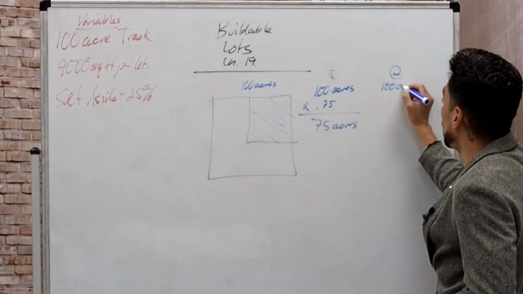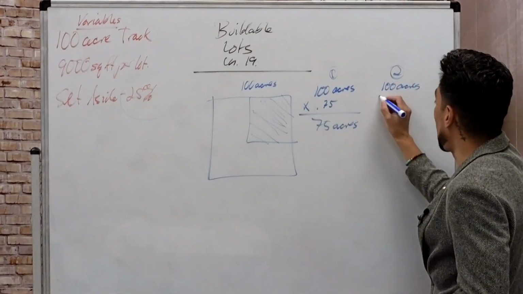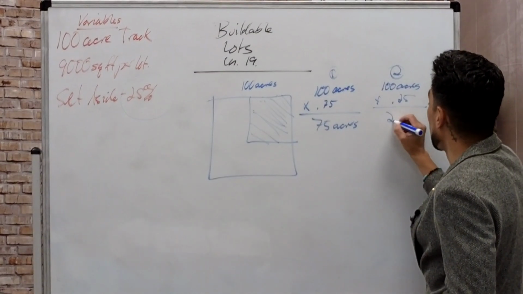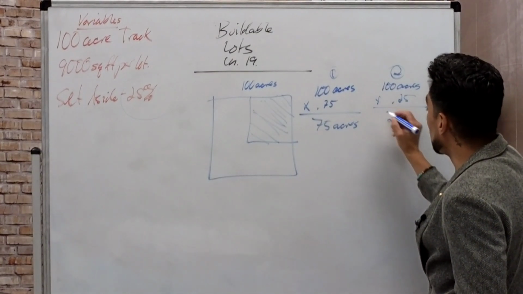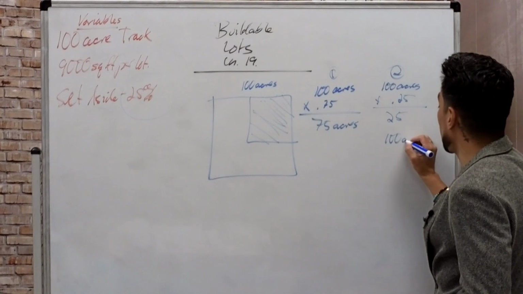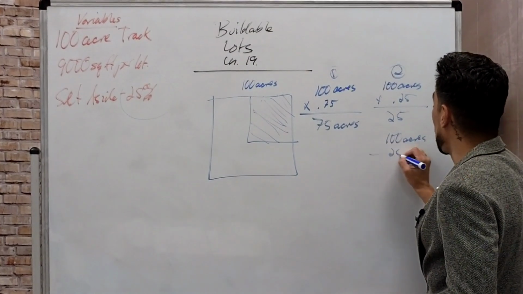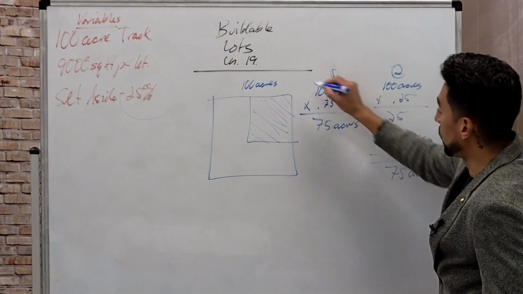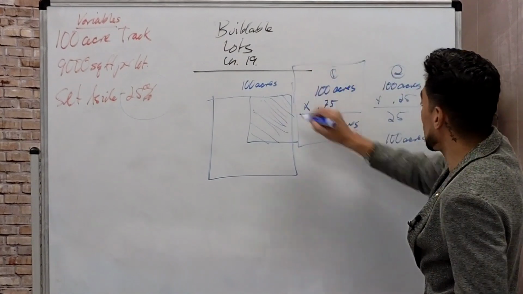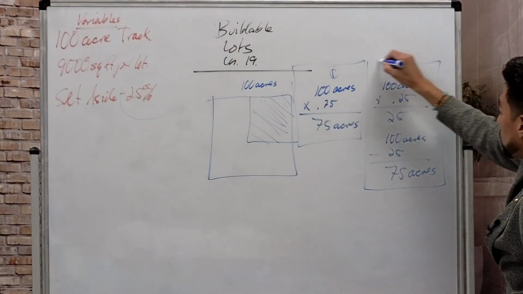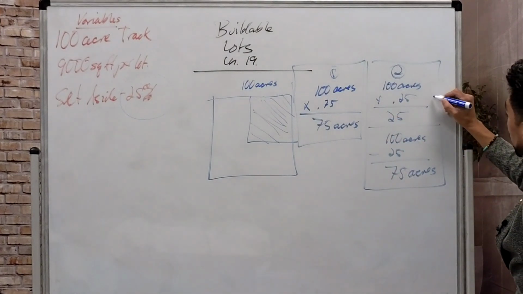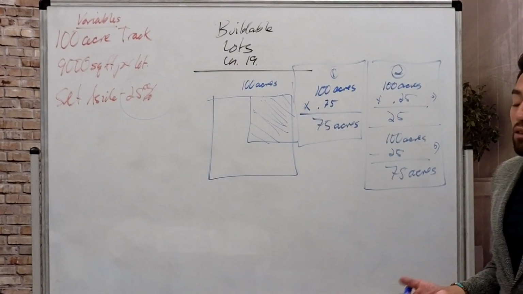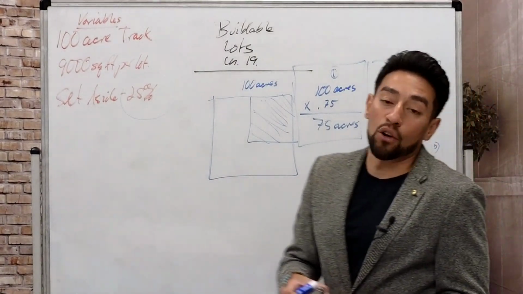You take now the 100 acres, multiply it by your 0.25, that is going to give you 25 acres. Then you got to do step 2, which is do 100 acres minus the 25, and that's going to give you your 75 acres. Either or. You can do it in one step, or you can do it in 2 steps, where you have part A and part B. Whatever makes the most sense for you guys, by all means.